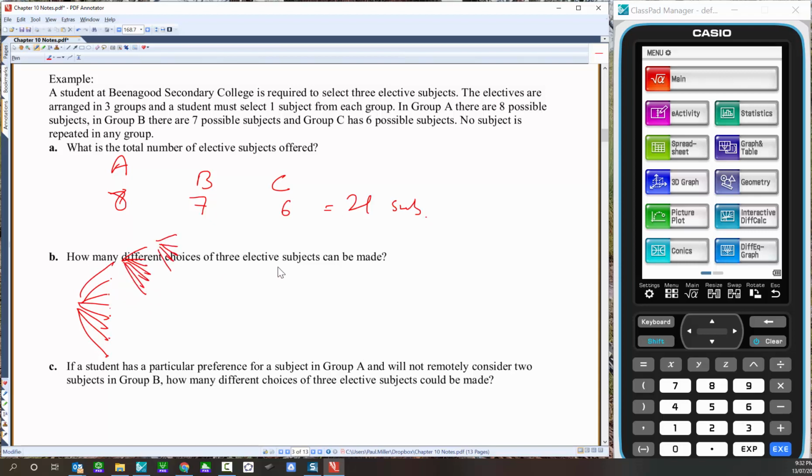The tree diagram is going to be chaos, but hopefully you understand that this is the multiplication rule. So 7 8s are 56, times 6. 6 5s are 30, 6 6s are 36, 336.